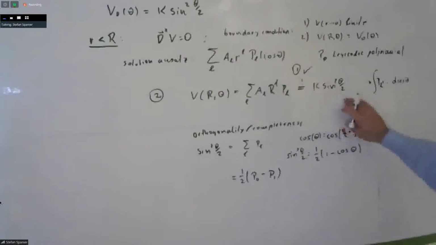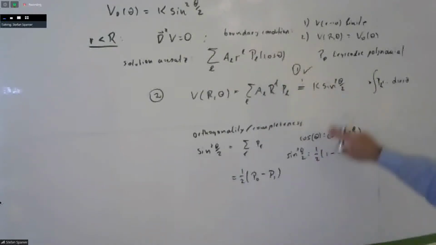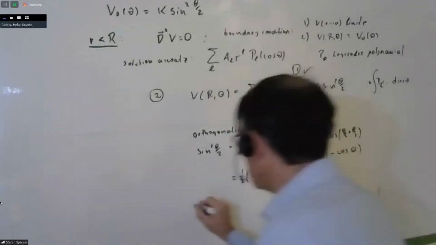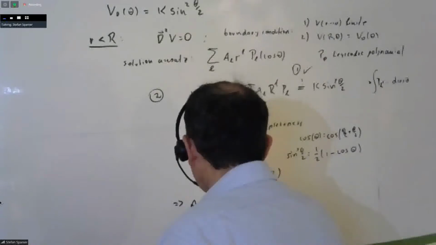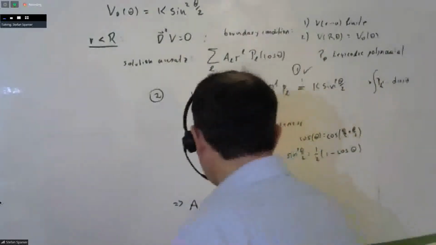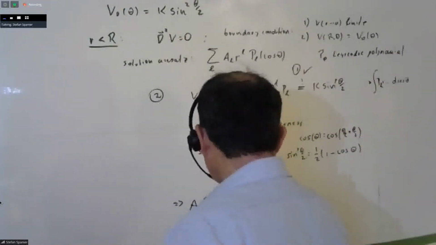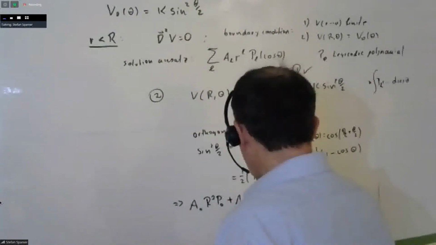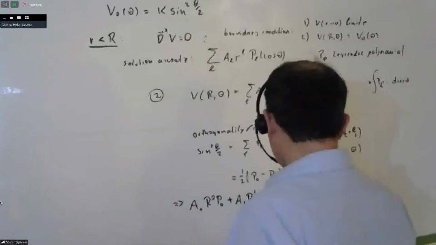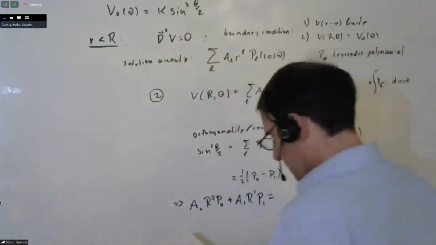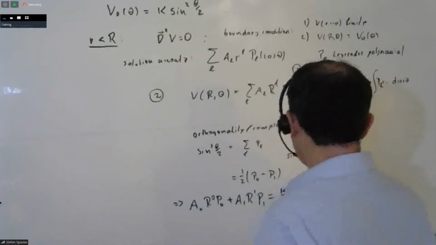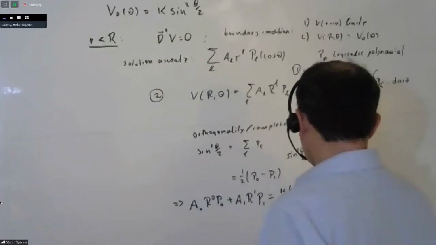If we go back here now, plug this in, K 1/2 P0. This will project out P0 and P1. So we can write, from this we find on the left side A0 R to the power of 0 P0 plus A1 R to the power of 1 P1 has to equal this term here now, K half P0 minus P1.